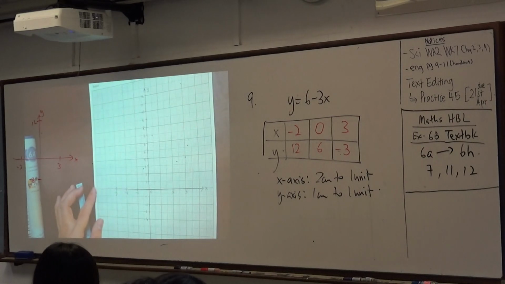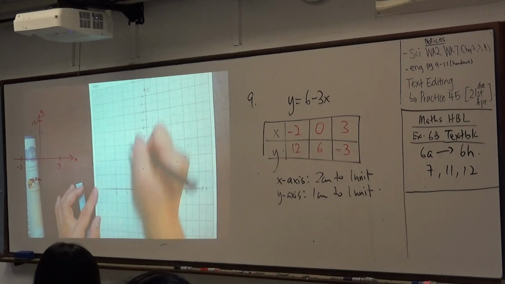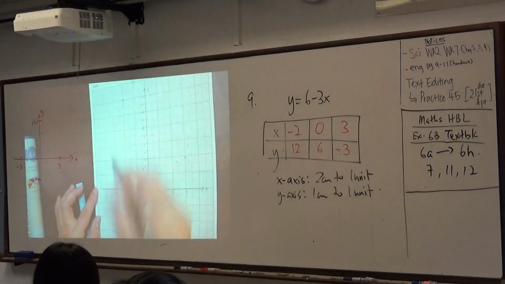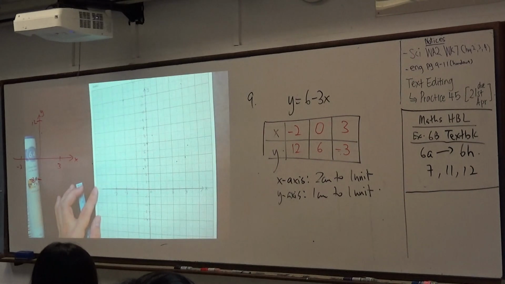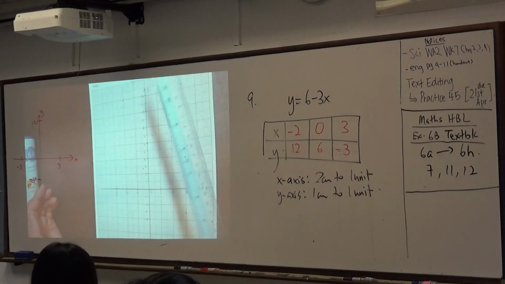Now, I'm going to plot in the 3 points. Don't talk. What's the first point? -2, 12, right? So, -2, 12 will be here. I put 1 cross. What's the next point? 0, 6. I put here. What's the last point? 3 and -3. Now, that's why I say you must buy a long ruler like that.